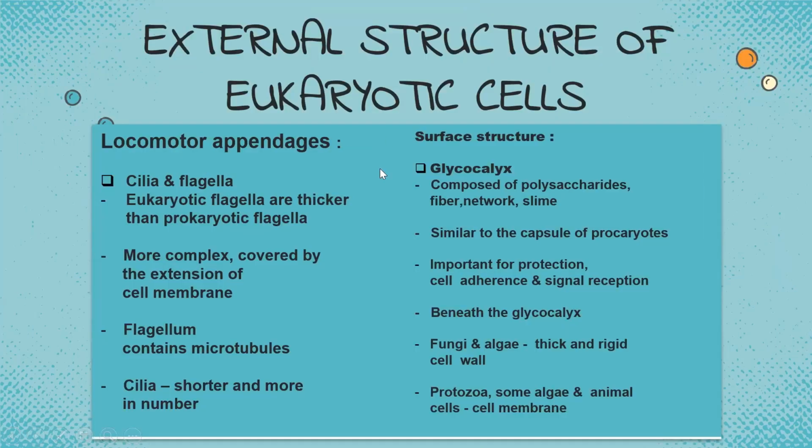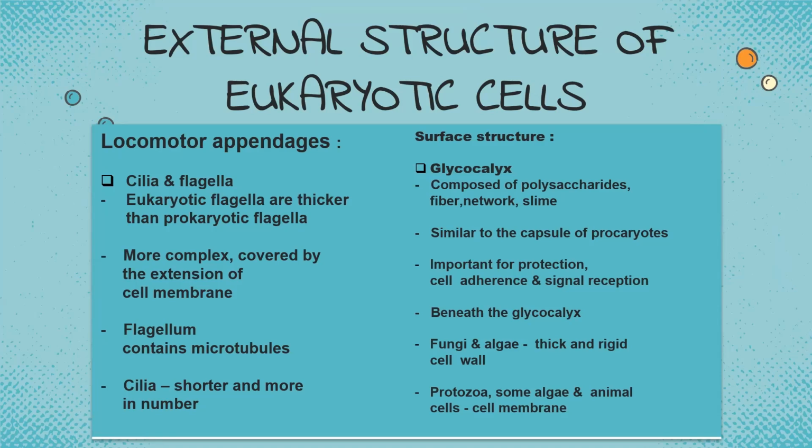For the external structure of the eukaryotic cell, it has locomotor appendages, either cilia or flagella. Eukaryotic flagella are thicker than prokaryotic flagella. They are more complex, covered by an extension of the cell membrane.